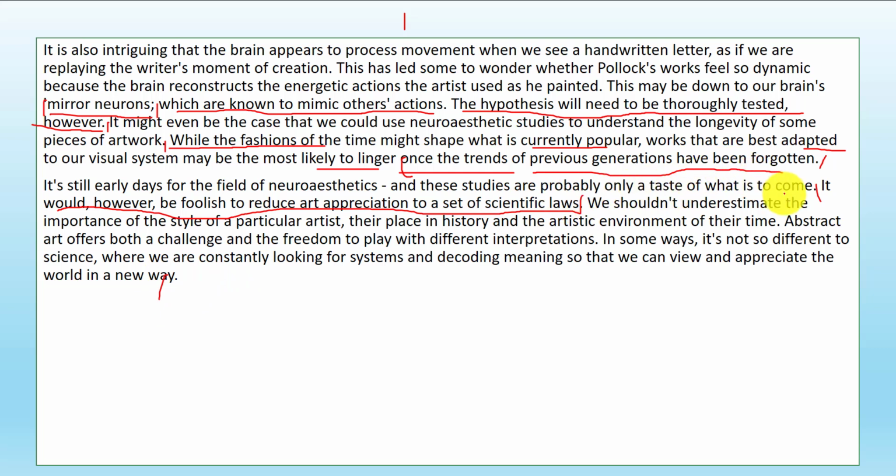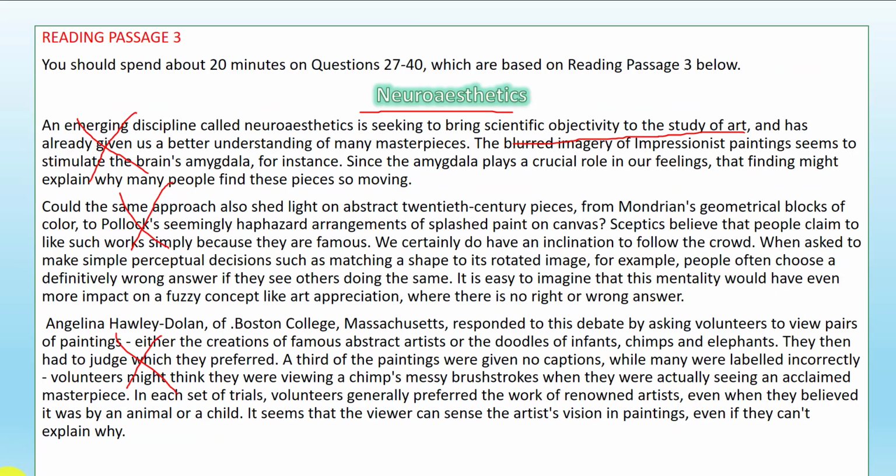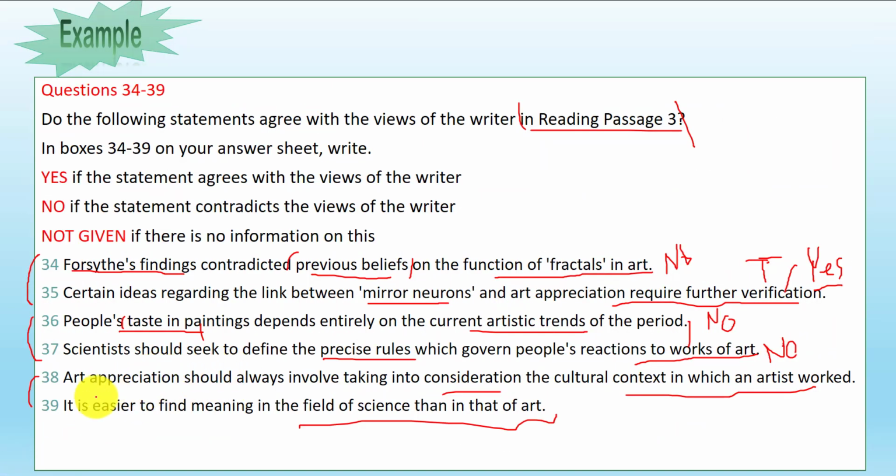We shouldn't underestimate the importance of the style of a particular artist, their place in history, and the artistic environment of their time. That means their culture. Abstract art offers both challenge and freedom. Now, that's enough. Let's go back to our questions.